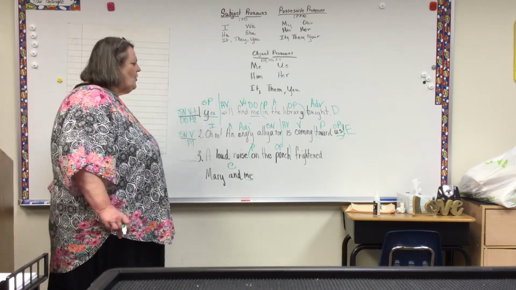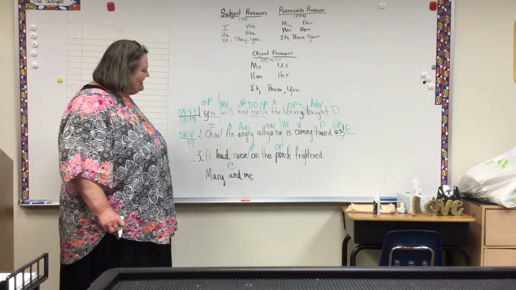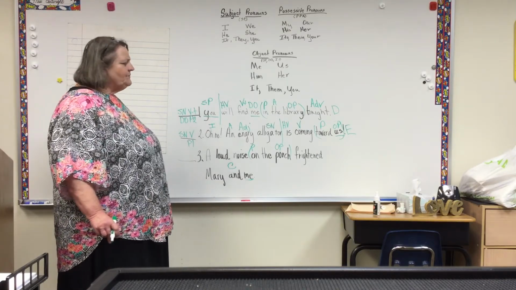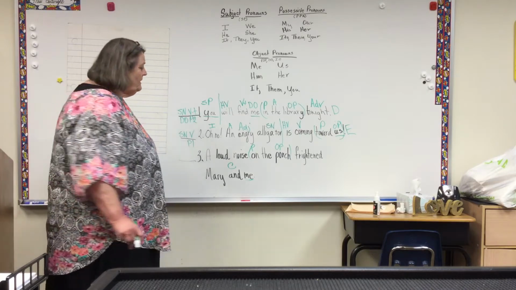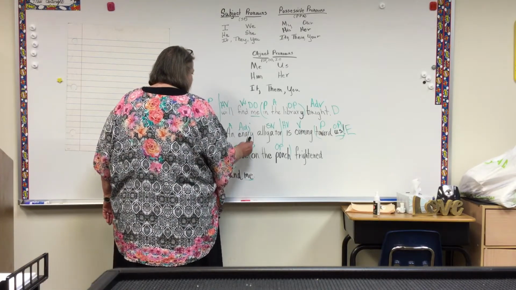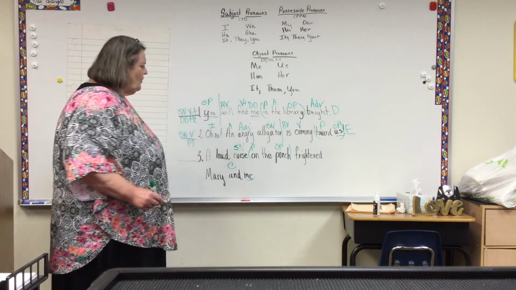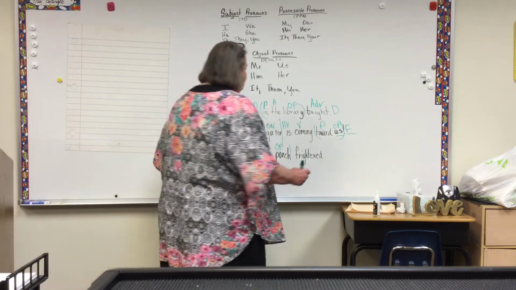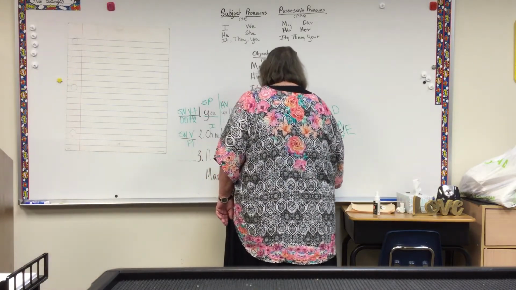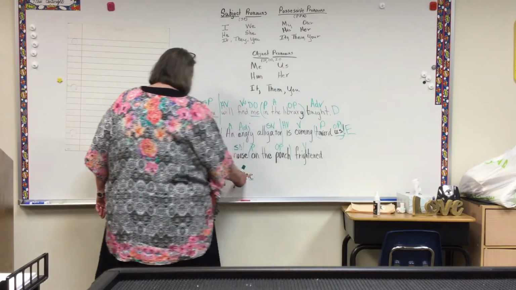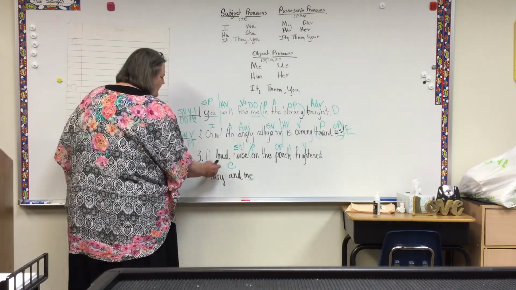A loud noise on the porch frightened Mary and me. What frightened Mary and me? Noise, subject, noun. What is being said about noise? Noise frightened, verb. Noise frightened who? Mary and me.